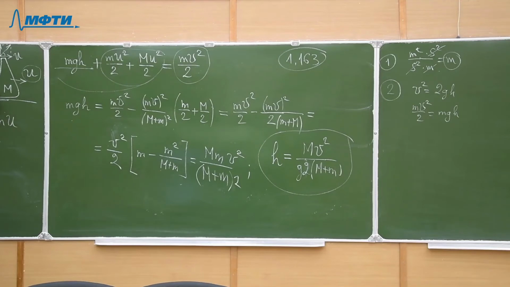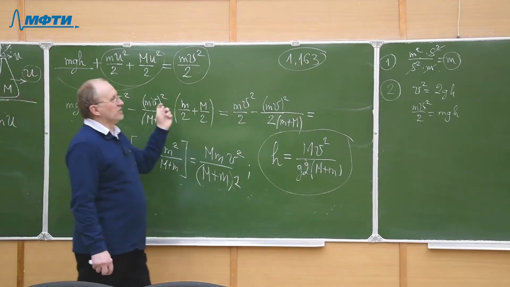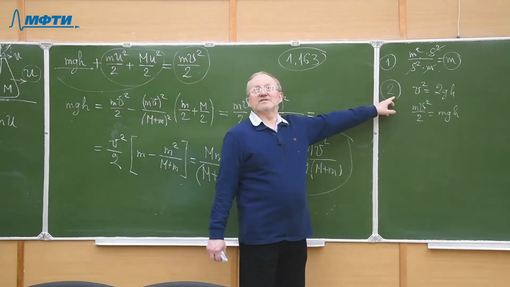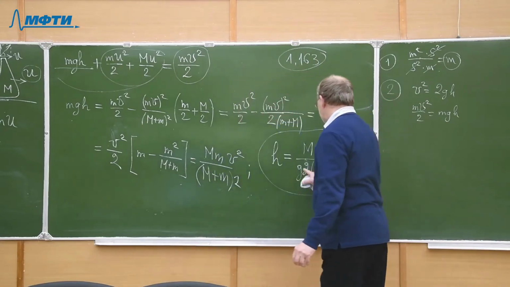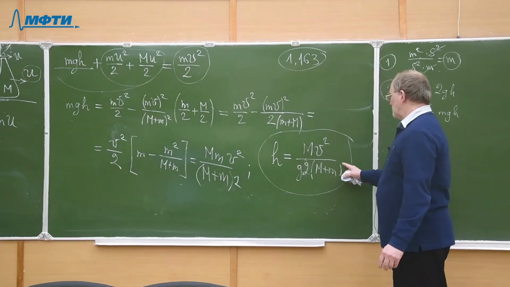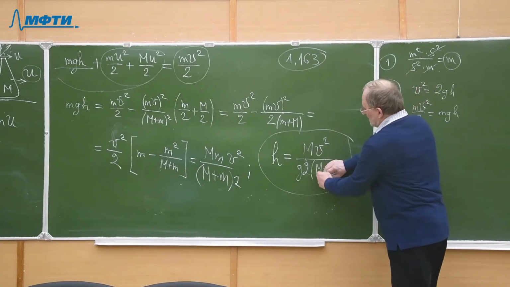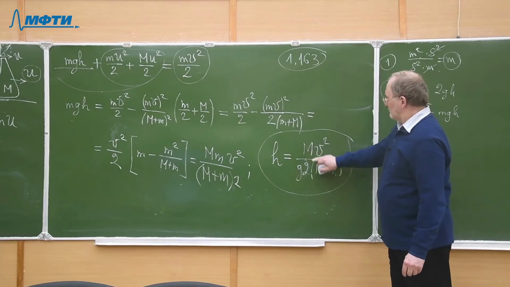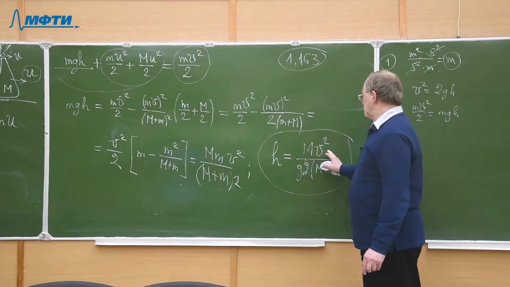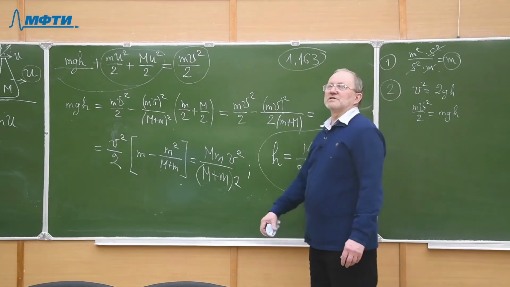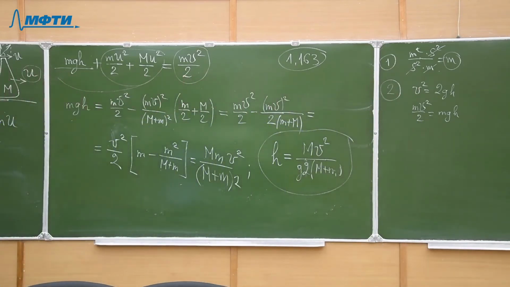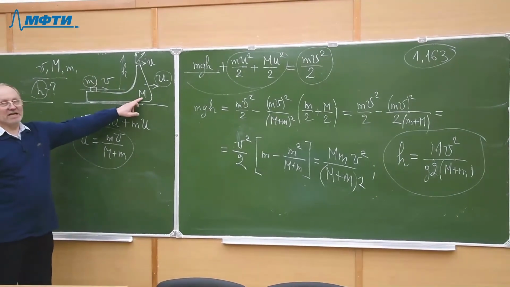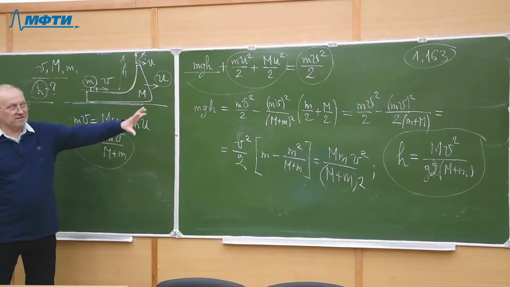If it's very big, we considered this situation at this point. When capital M is very large, then small m may be neglected here, and capital M will cancel, and the height will depend only on the initial velocity. So first we allowed this capital M to go to infinity and analyzed the formula.